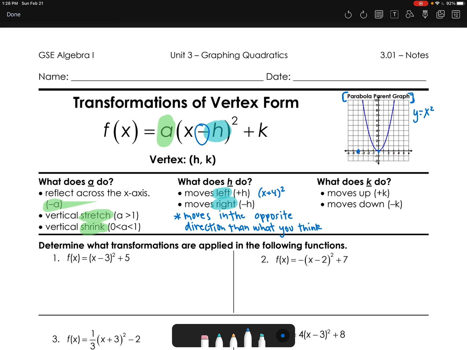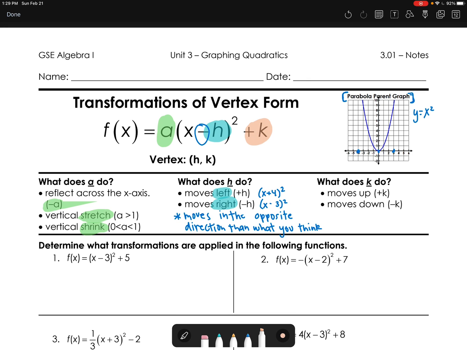And so your new vertex is moving to the left 4. And if I'm moving to the right, it's going to look like x minus 3 squared, which would be to the right 3. Okay, so x always moves in the opposite direction than what you think it's doing, and that's shown by having this minus h here.